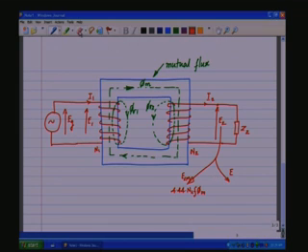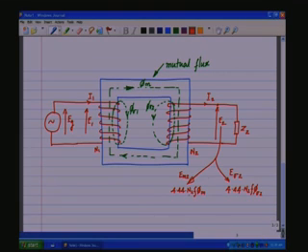Let me just rename this as E mutual on the secondary side, E leakage sigma on the secondary side, the voltage induced due to the leakage flux, which is 4.44 N2 F phi sigma 2.